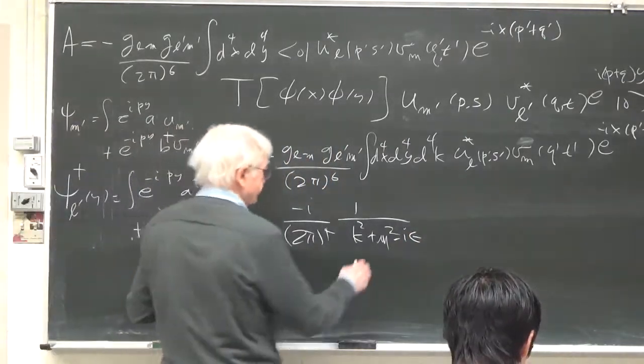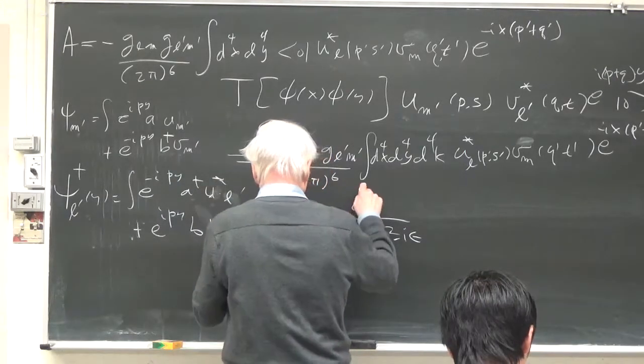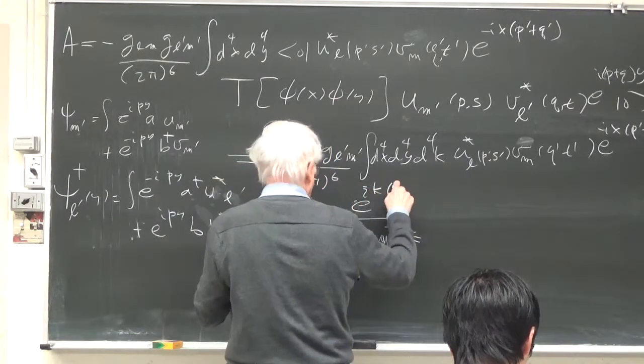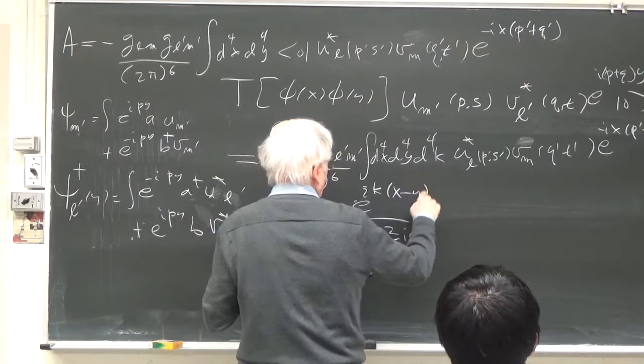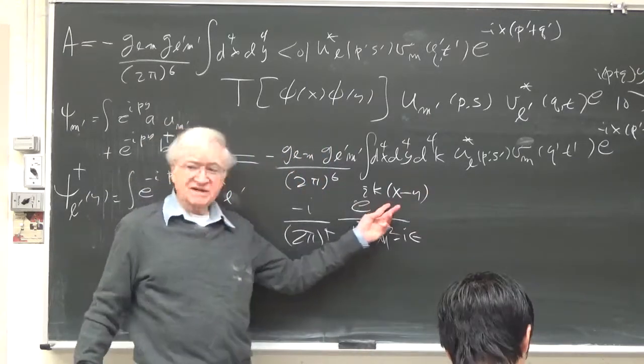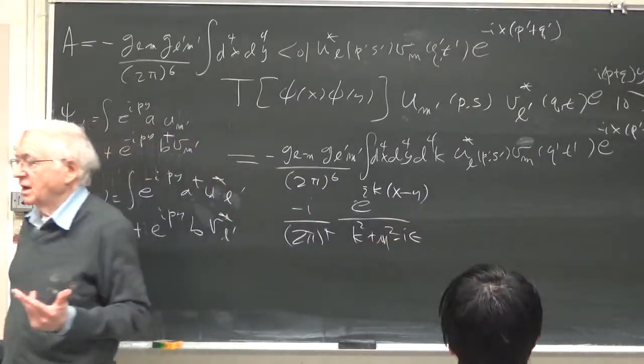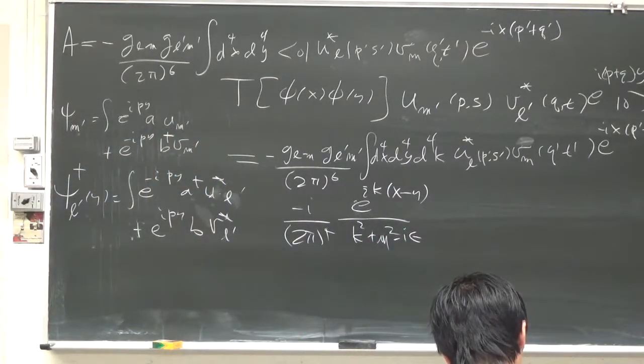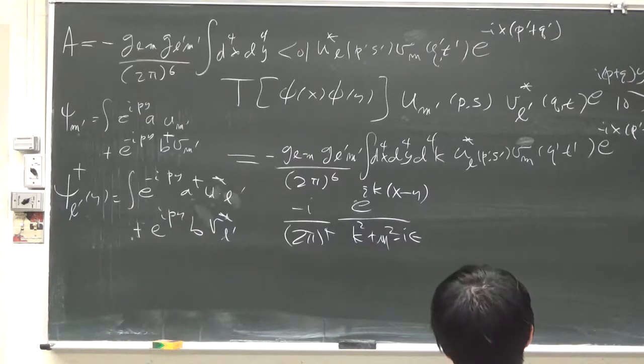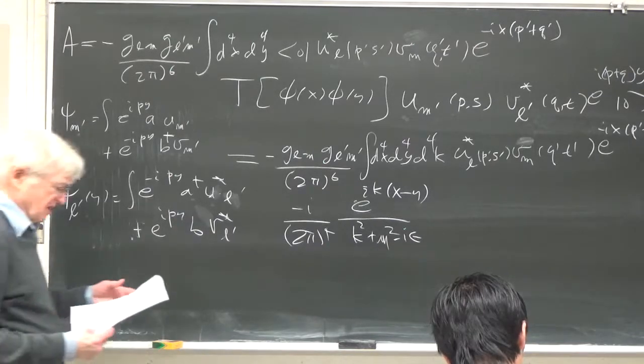And this is e to the ik(x minus y). And again, whether it's x minus y or y minus x doesn't matter in the case of scalar and vector bosons. It only matters for the fermions.